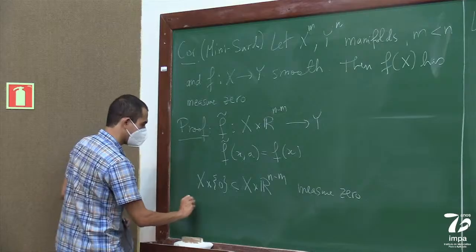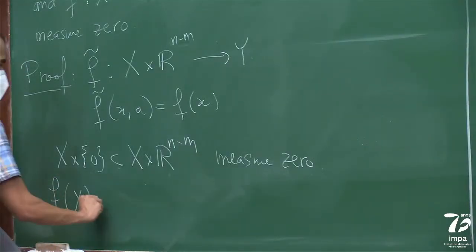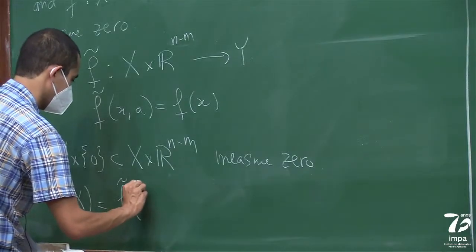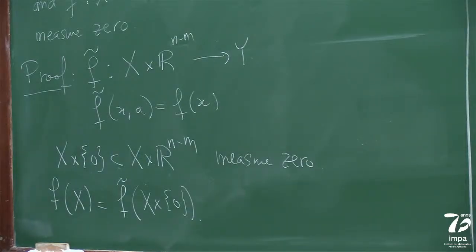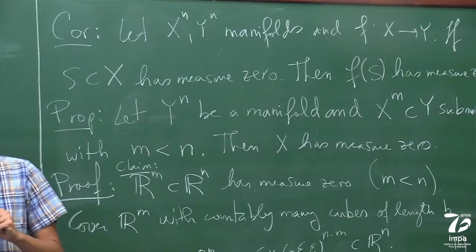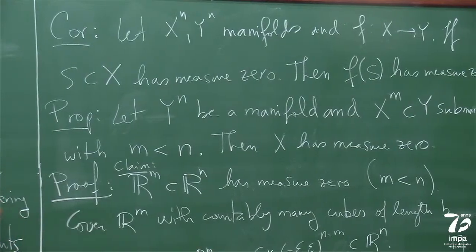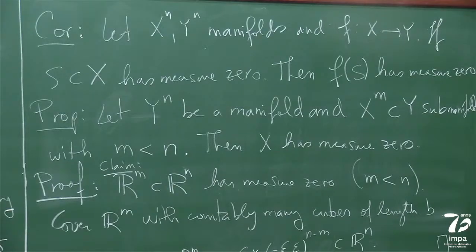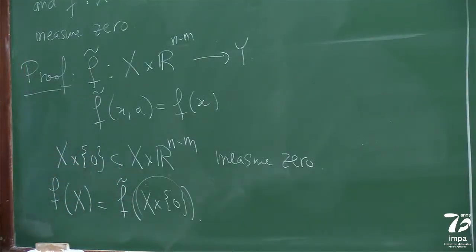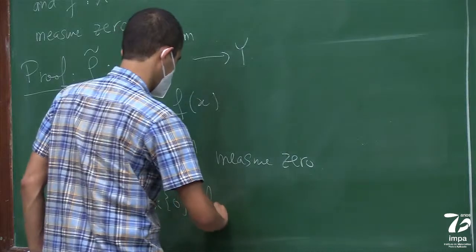And it's kind of obvious that the image of X by f is the same as the image of f tilde of X times 0. And we had proven before, maybe it's written here, yeah, it's this corollary, that the image of a smooth function from a set of measure 0 has measure 0. So we know this guy here has measure 0. So then this guy has measure 0. So therefore, this has measure 0.